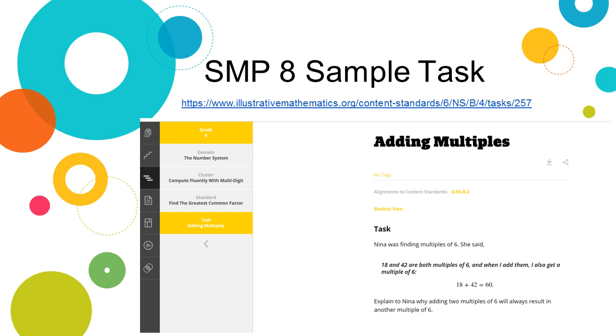of mathematics. So this task that I chose for number 8, look for and express regularity in repeated reasoning, is from 8th grade. Oh, I'm sorry, 6th grade. I'm sorry about that.